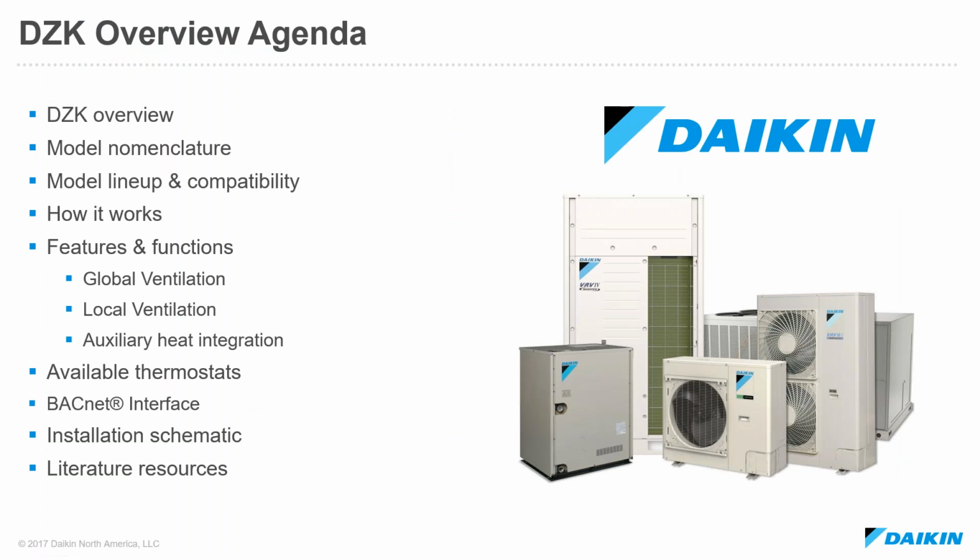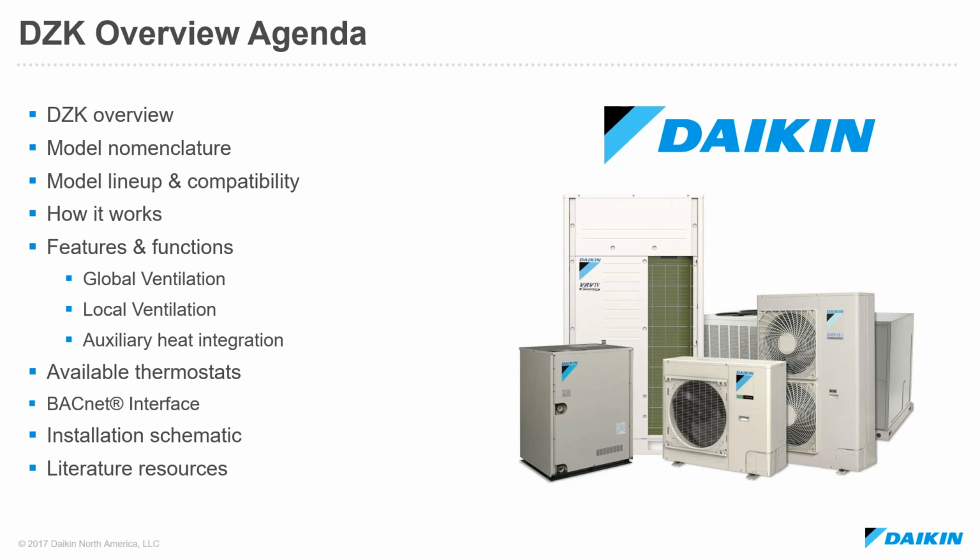So what are we going to go through today? The agenda just involves going through a DZK overview. We'll look at the model nomenclature, and I just want to clarify how that changes for the new DZKS series of DZK. I'll look at the model lineup and compatibility with the different VRV indoor units and the FDMQ as well.